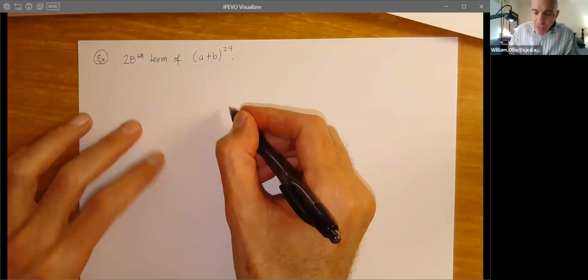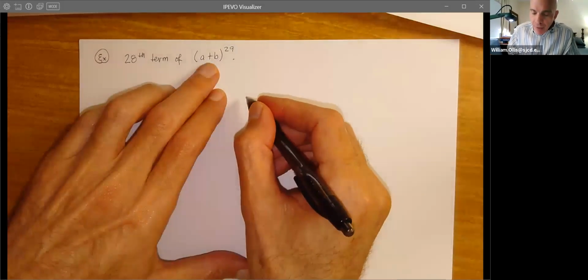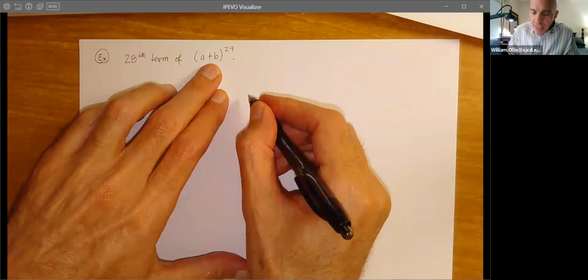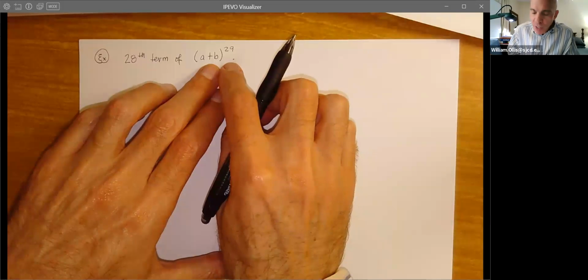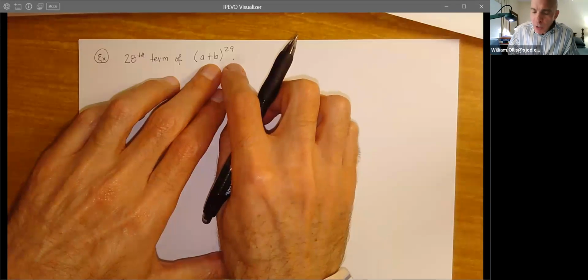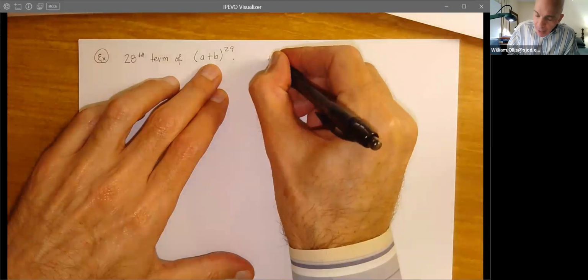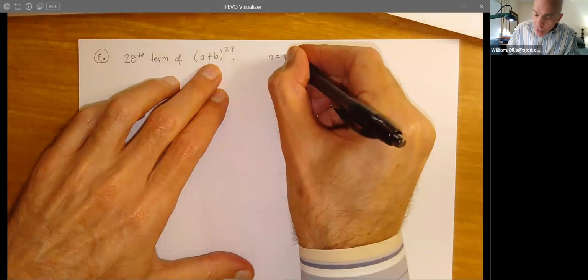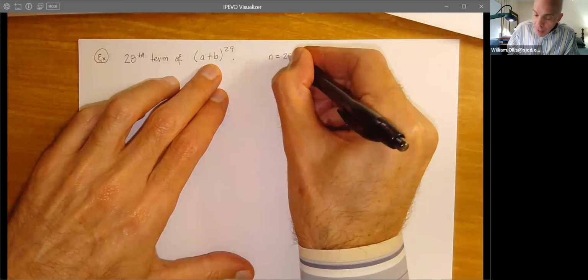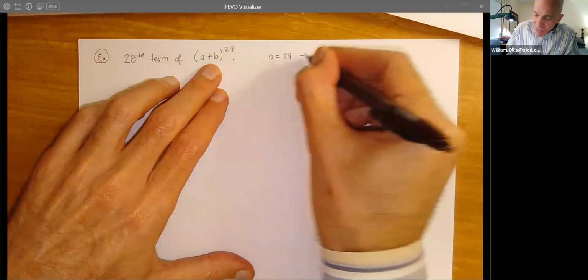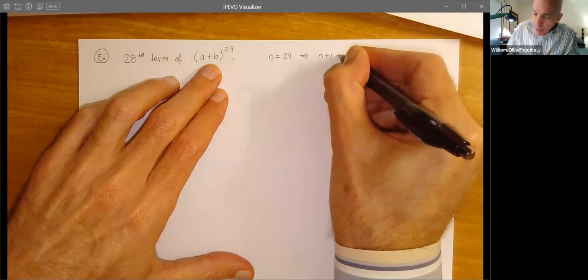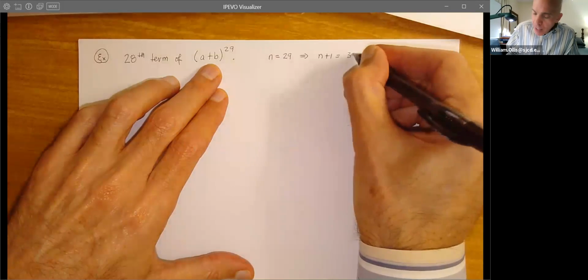Now, like I said before, when you look at this particular expansion here, you think about what's going on here. This is n equals 29. N equals 29. So this implies n plus 1 equals 30 terms.